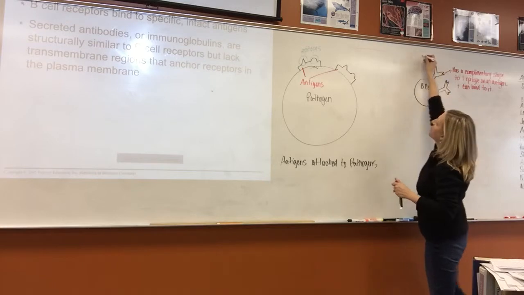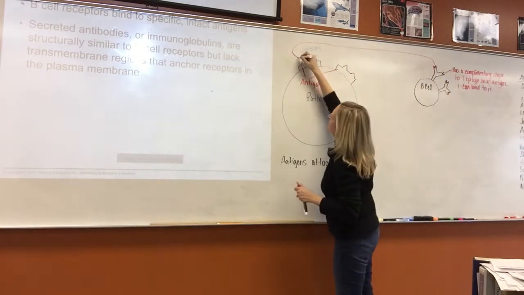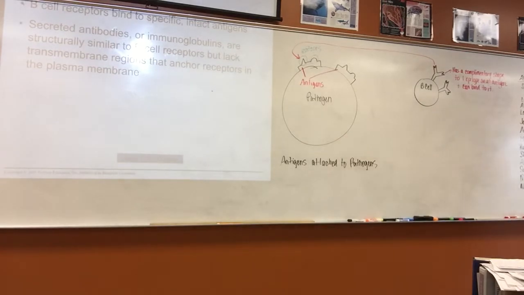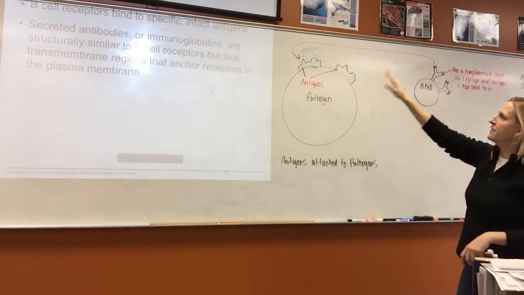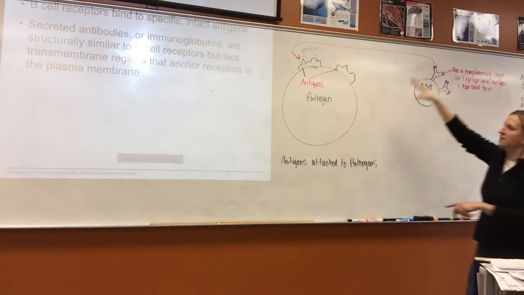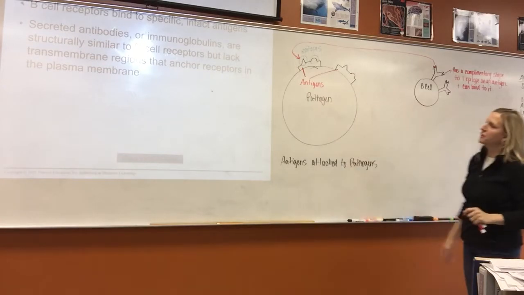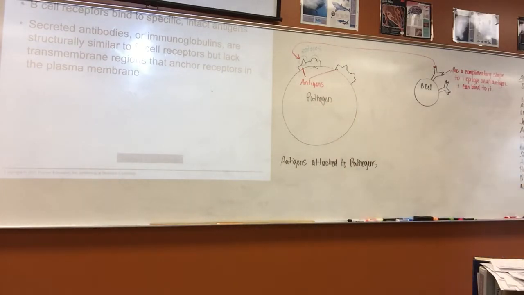So this part right here can bind to that epitope right there. That's what it means by B cell receptors, that first bullet. B cell receptors bind to specific intact antigens. So the antigen's intact, it's not broken up or anything like that. It's part on the surface of this pathogen, and those can bind to it.